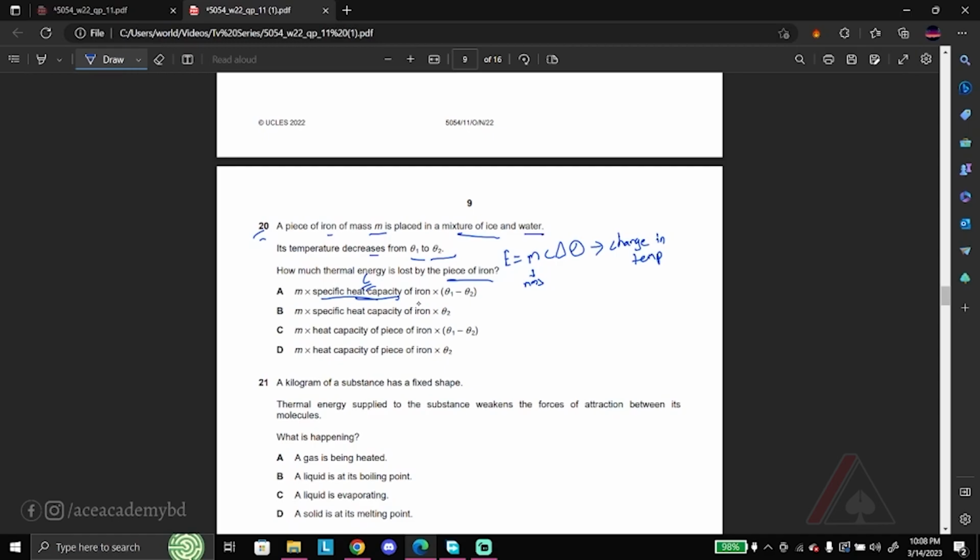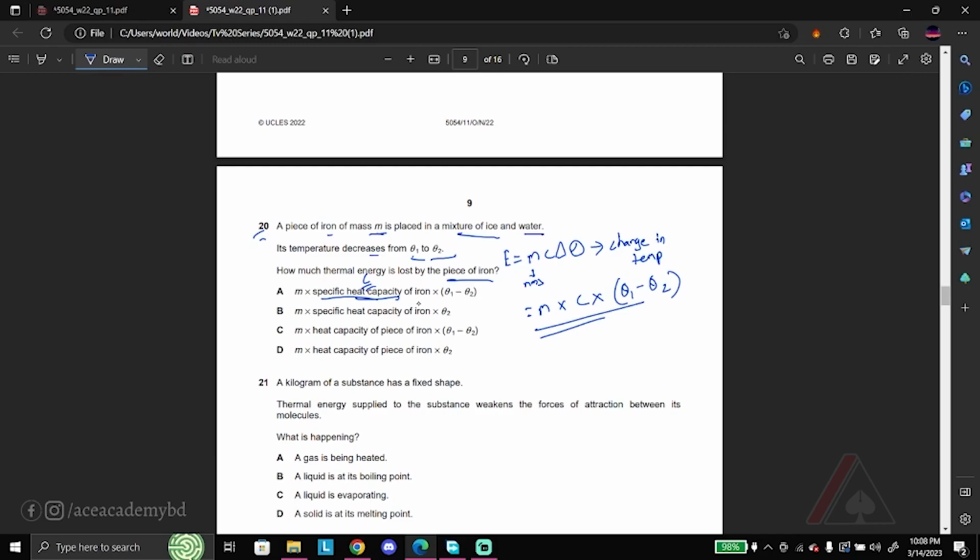So let's put the quantities up here. M into the c, the specific heat capacity of iron, into the changing temperature. As it decreases from theta 1 to theta 2, you can write this as theta 1 minus theta 2. So this would be the amount of energy that is lost by the piece of iron.